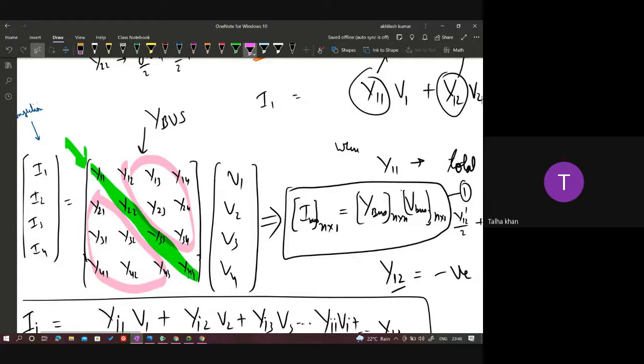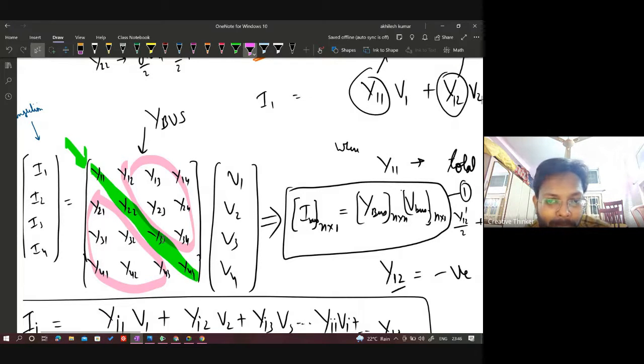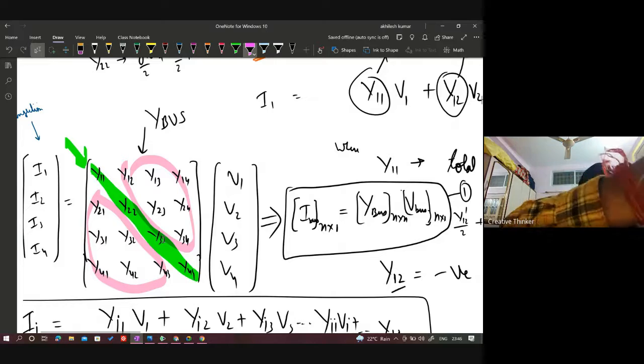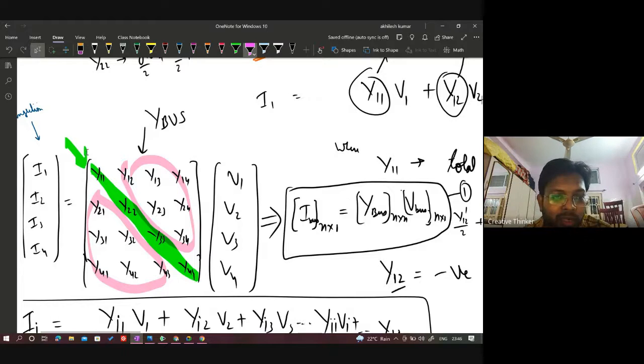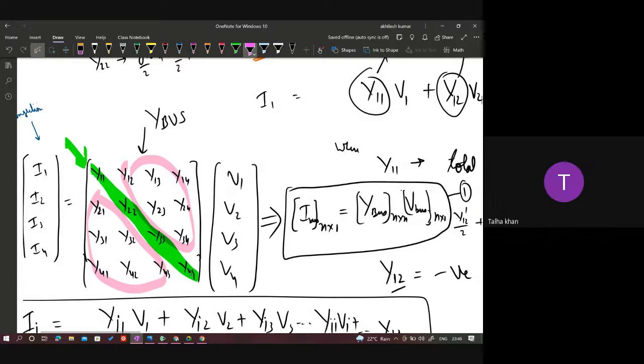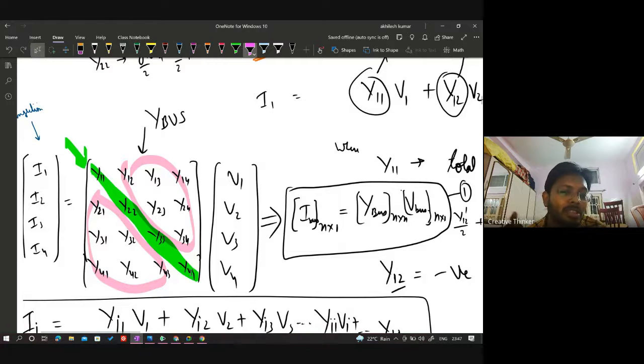The diagonal elements are basically the sum of the admittances connected on that bus. Y11 is the sum of all the admittances connected on bus 1, Y22 is the sum of all the admittances connected on bus 2, Y33 on bus 3, and similarly Y44 is the sum of all the admittances connected on bus 4.